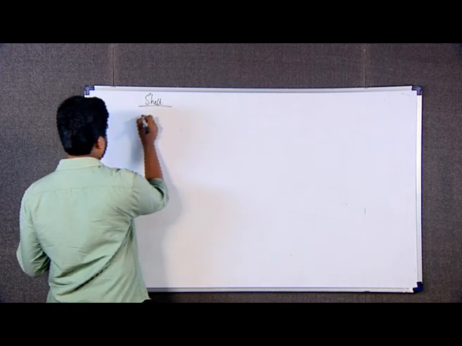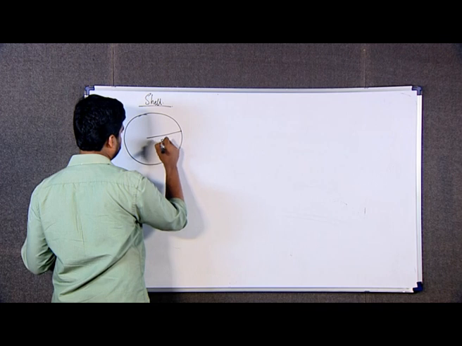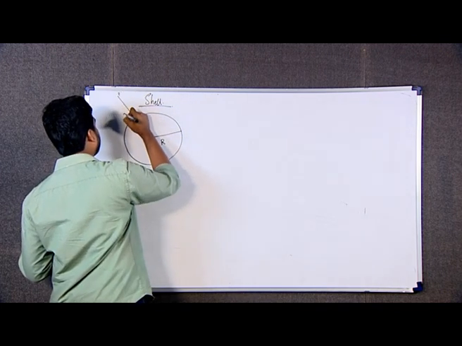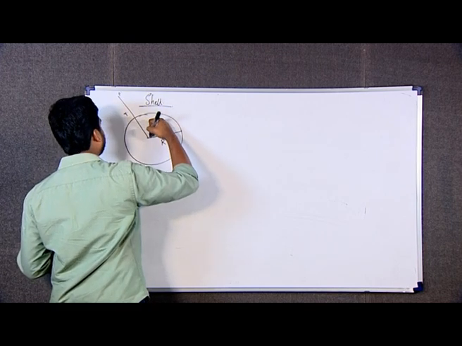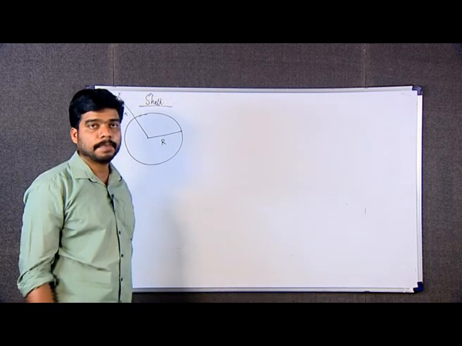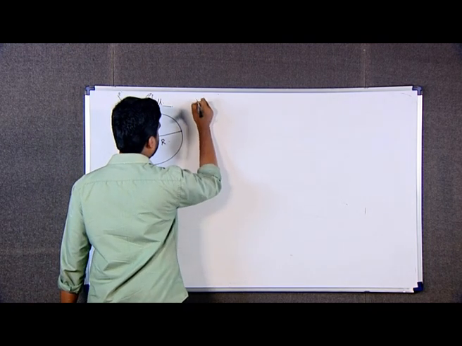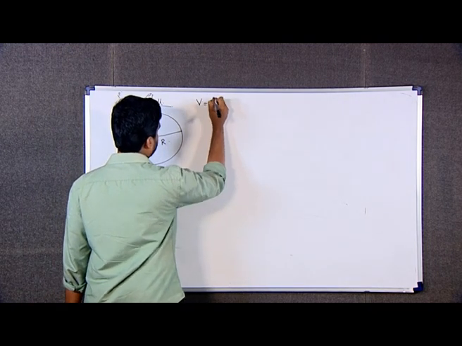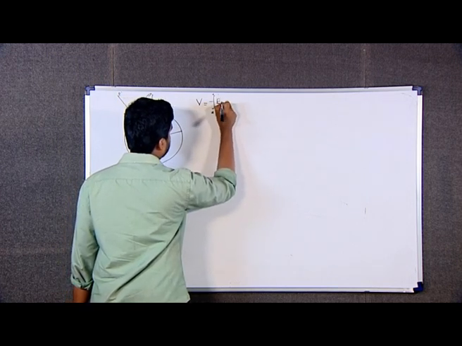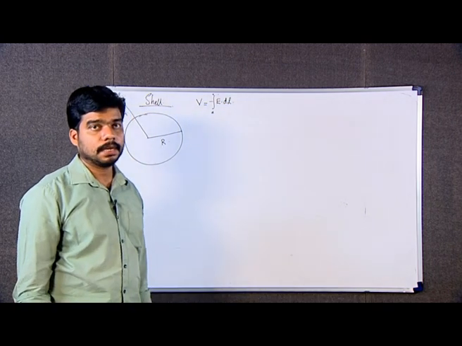I am considering a shell of radius r, and outside, at the point P, I want to find out, at a distance r from the center of the shell, what is the potential produced at this point P. Same formula, same equations and the same idea, using V is equal to minus integral E dot dl from the reference point infinity to the field point r.